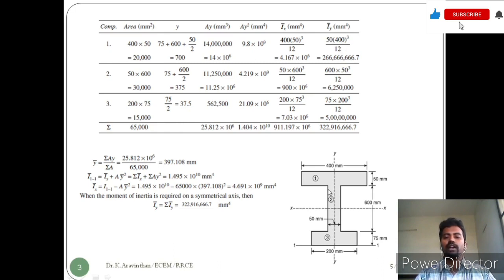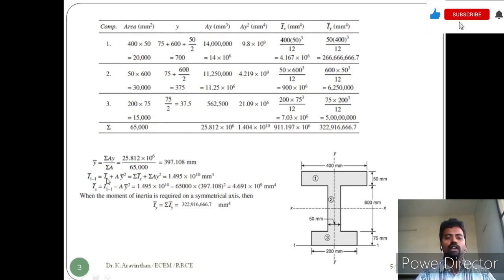Similarly, d here is 600 and b here is 50, so 600 into 50 cubed by 12. Similarly for the third section. After identifying the individual values, you have to add all the components. So all the values are identified here, and let us substitute in this formula.